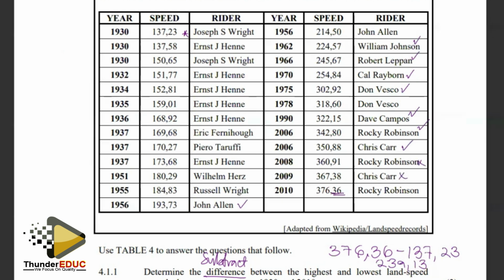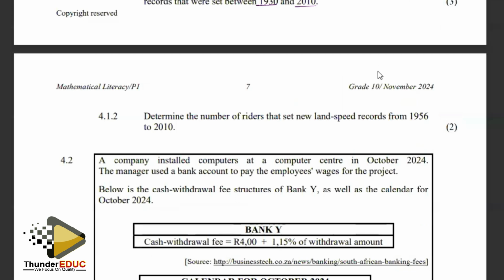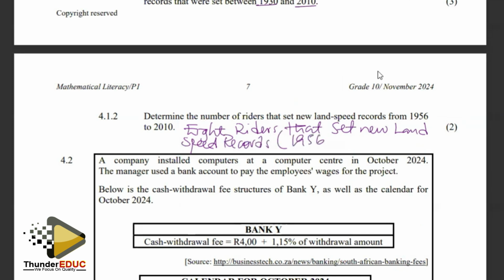These are repeated. So we shall say there are 8 riders that set new land speed records between 1956 and 2010.